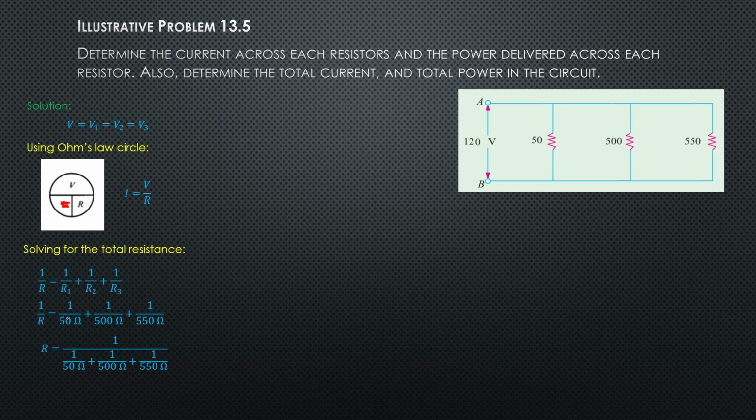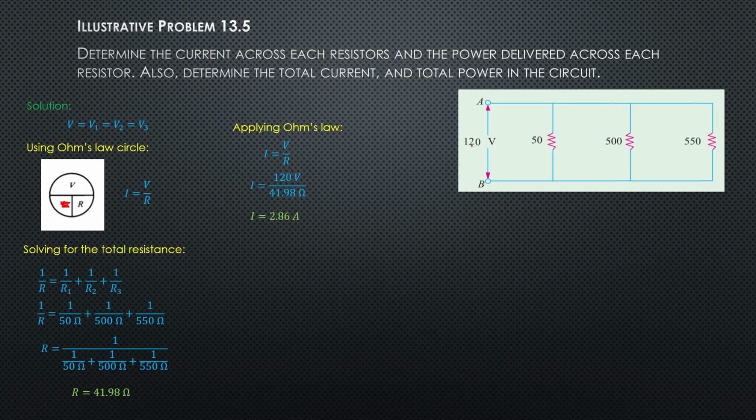Substituting the values, R1 is 50 ohms, R2 is 500, and R3 is 550. Then solving for R gives us this equation. Simplifying that using the calculator gives us a value of 41.98 ohms. Now applying Ohm's law to solve for the total current.